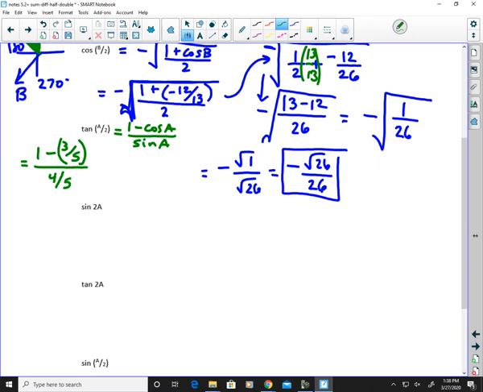Now I like to find the numerator first: 2/5 over 4/5. I see some canceling, dividing by a fraction, multiplying by the reciprocal. I'm now at 2/4, and it comes to be a half. So there's my answer to that one.